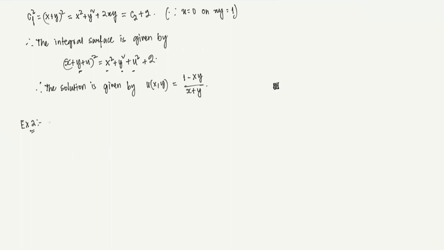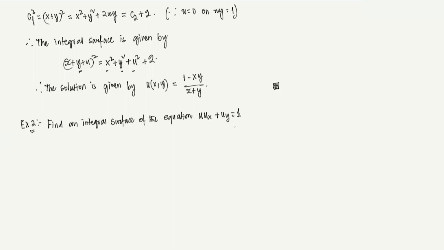Again, we are going to look at another quasi-linear equation. So the question, let's say you are asked to find an integral surface of the equation. Remember, the integral surface is basically the graph of the solution function. The equation is ux plus uy equals 1.